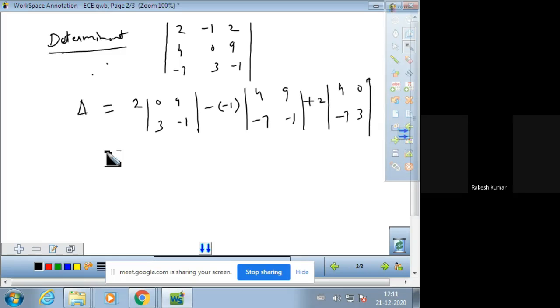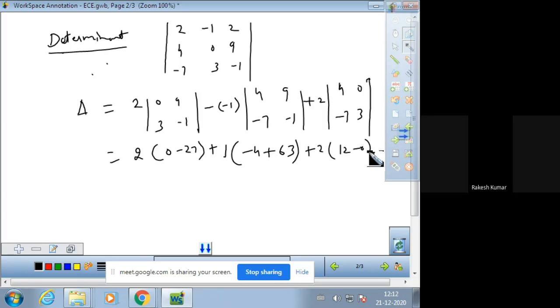This you have already done in 10 plus 2 class. This is 0 minus 27, this is plus 1 times (-4 plus 63), and this is plus 2 times (12 minus 0).